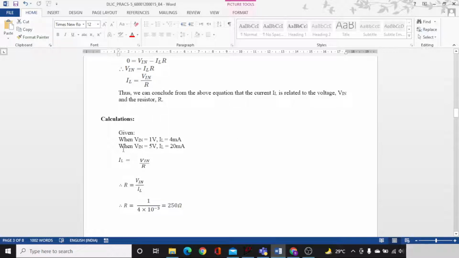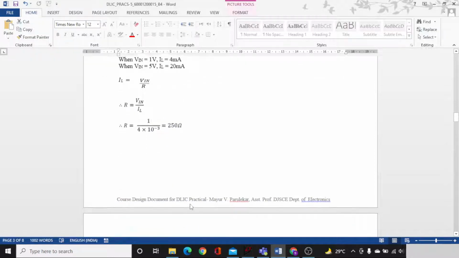For a floating load, if we assume our input voltage to be 1 volt and load current to be 4 milliamps, the resistance, which by using basic Ohm's law we derive from the values mentioned here, that is 1 upon 4 milliamps, would give me 250 ohms.